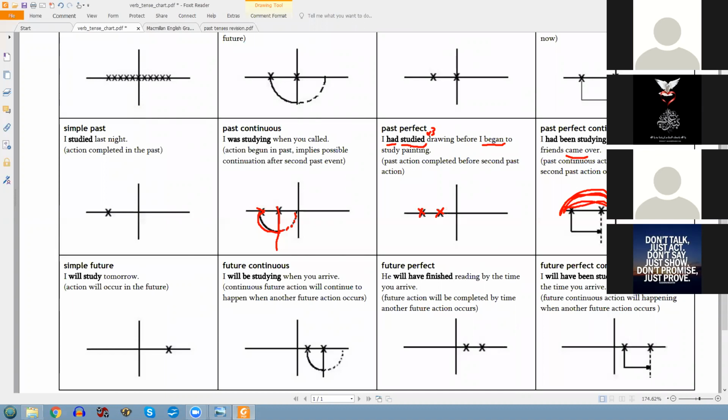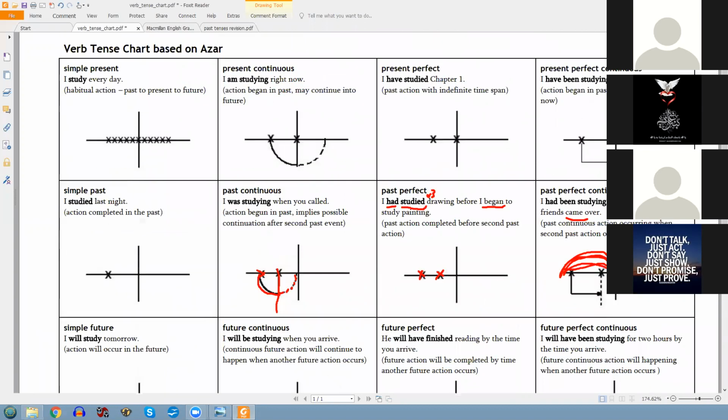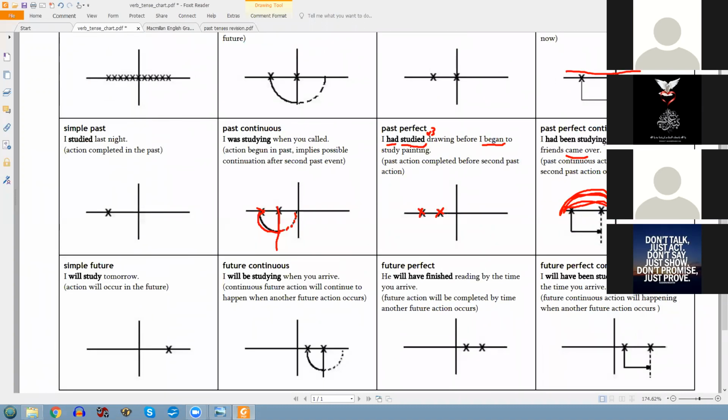Now, does anybody want to have a go? Anybody want to try and explain this a little bit more? Try and think of some examples. It's basically the same. It's about emphasizing how much time you spent on that activity, for two hours, I had been. So it's in the past.